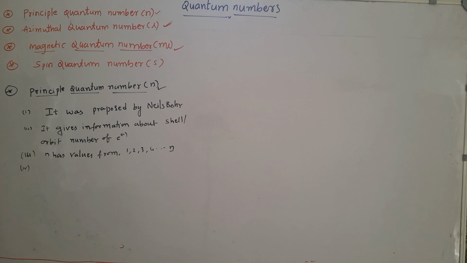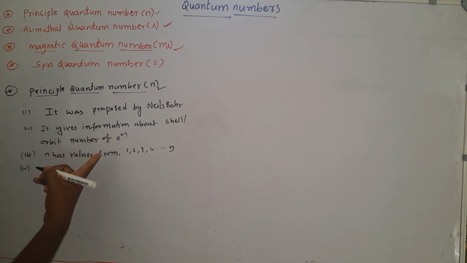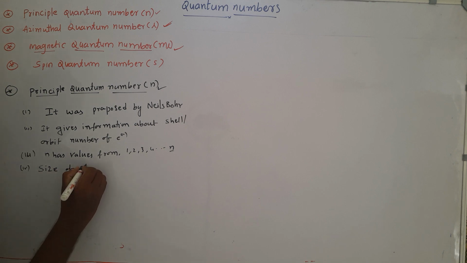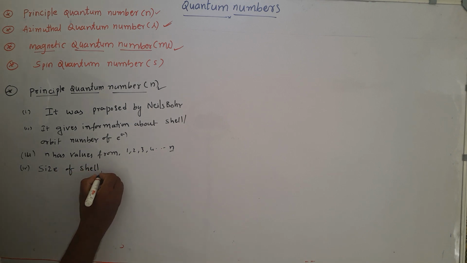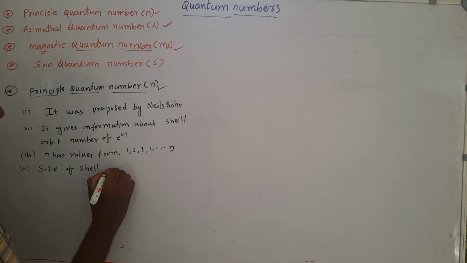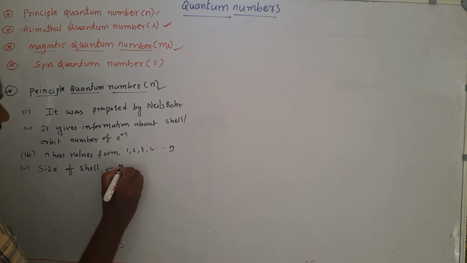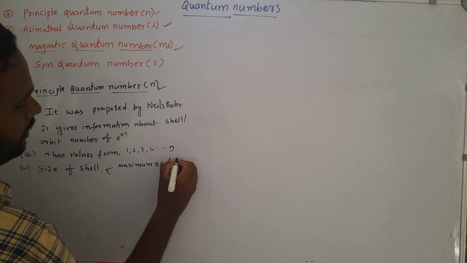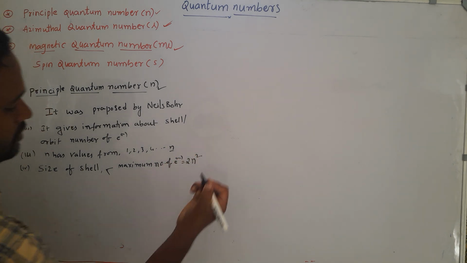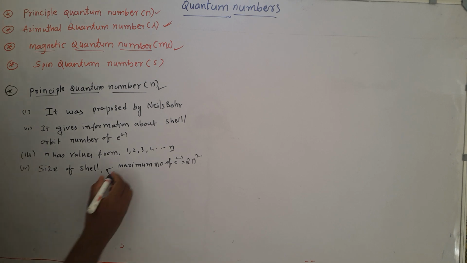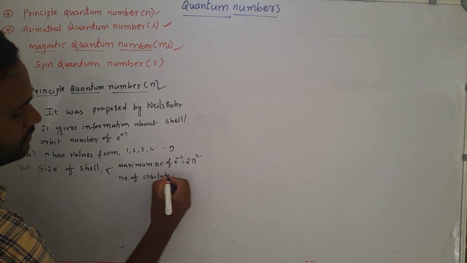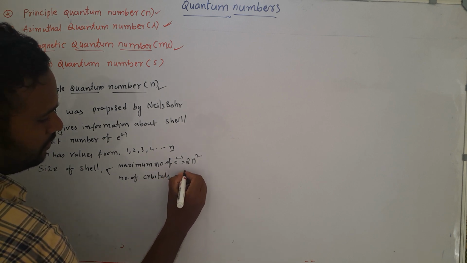So it gives information about the shell or orbit of an electron, and also it gives information about the size of the shell. In the sense, the size of the shell means the maximum number of electrons in a shell, which is 2n square, and the number of orbitals, that is n square.